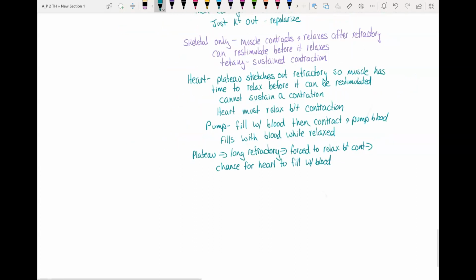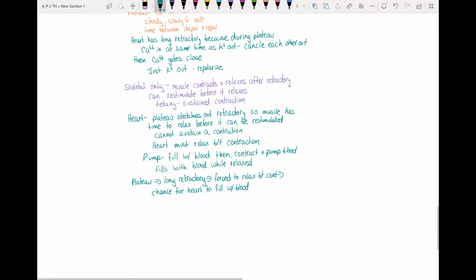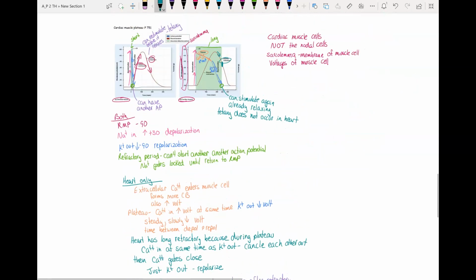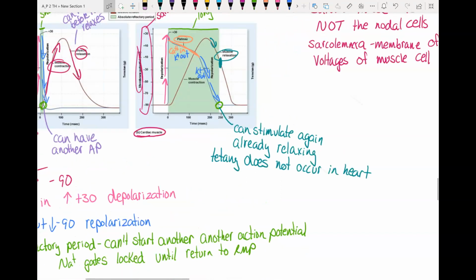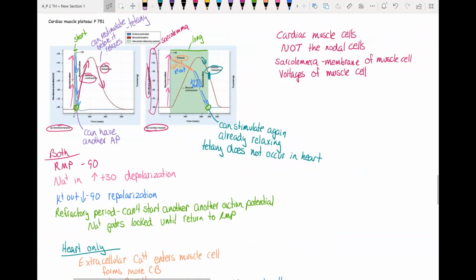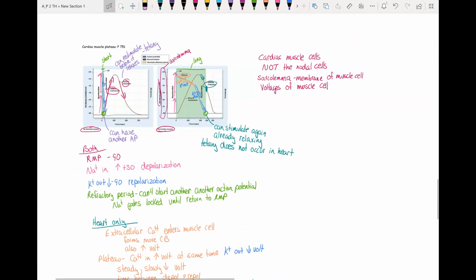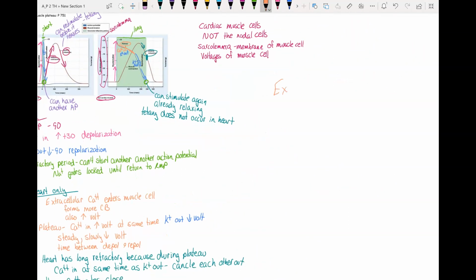That's the significance of having the calcium coming in, in addition to making extra cross bridges. The calcium also provides the plateau. So this extracellular calcium that comes into your cardiac muscle does two things.